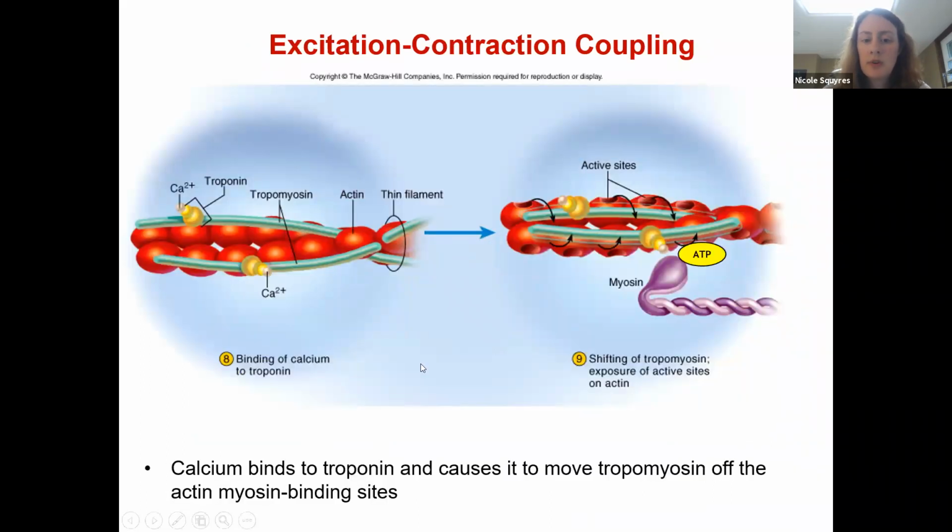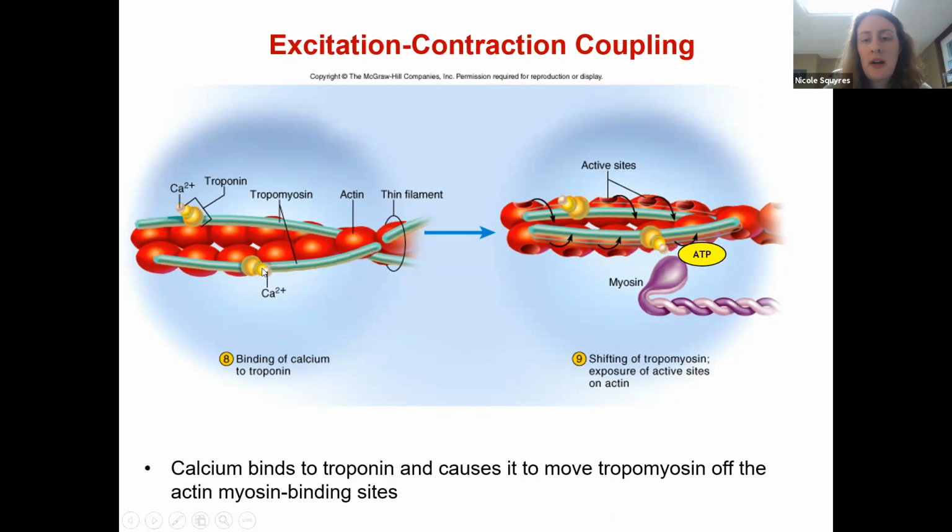And this is very important because once you have calcium ions within the sarcoplasm, those calcium ions are going to bind to troponin. And remember that troponin is found within thin filaments. So it binds to troponin. Troponin itself is attached to tropomyosin.